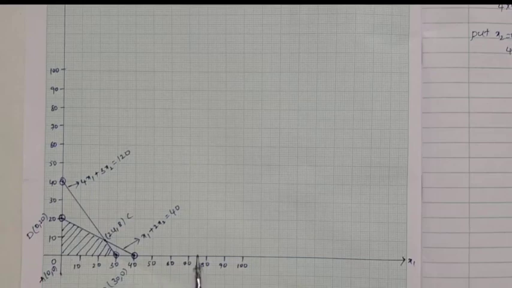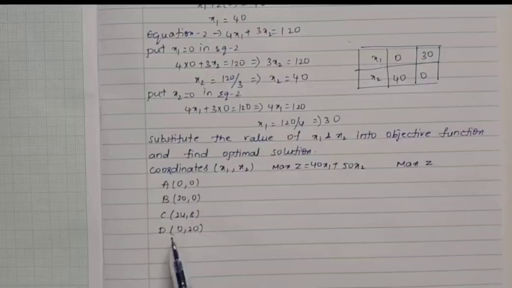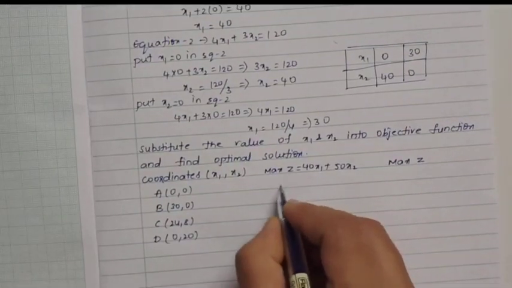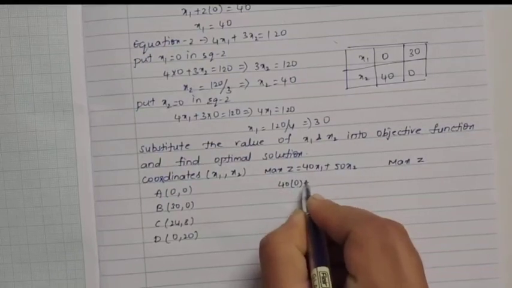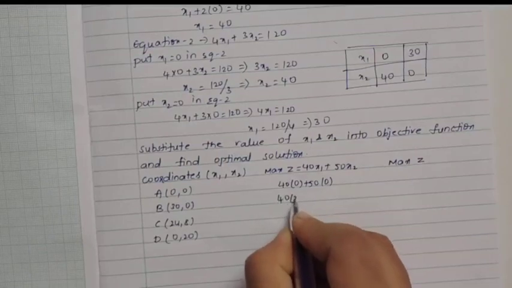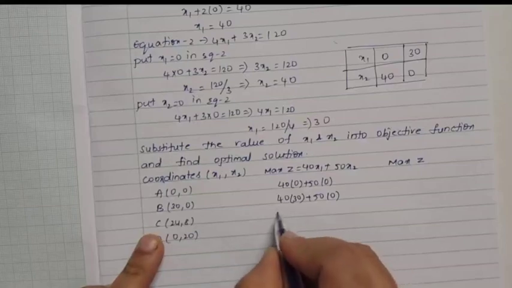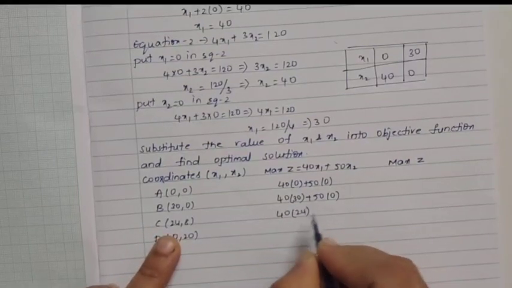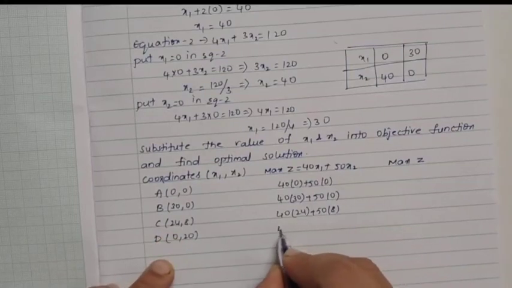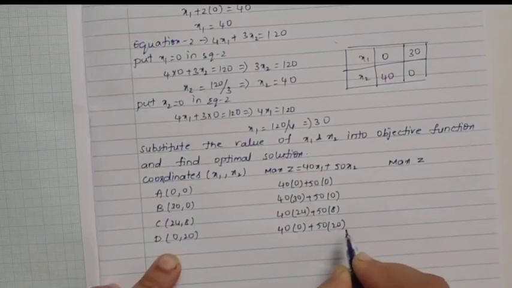These are our coordinates A, B, C and D. We substitute into the objective function maximum z: 40 into 0 plus 50 into 0, then 40 into 30 plus 50 into 0, then 40 into 24 plus 50 into 8, and 40 into 0 plus 50 into 20.